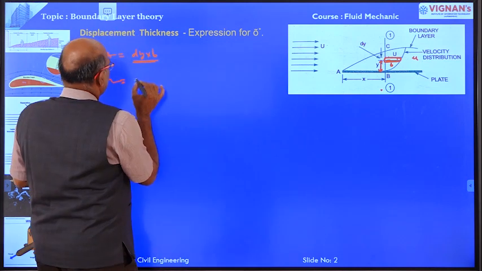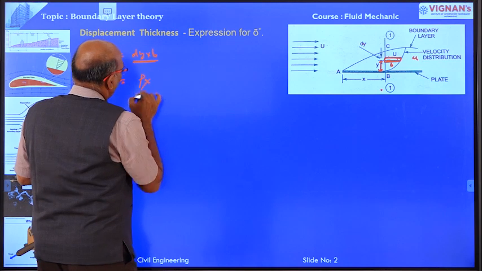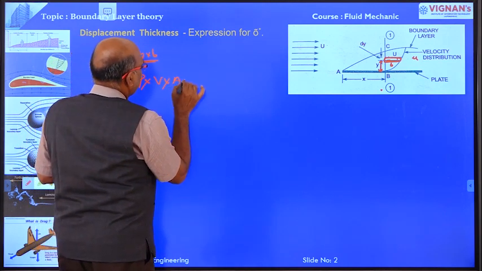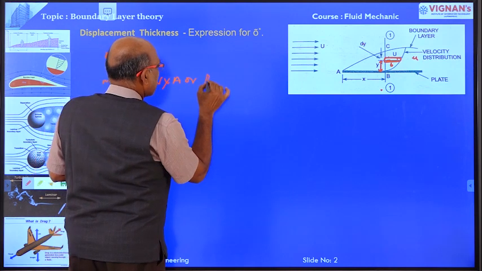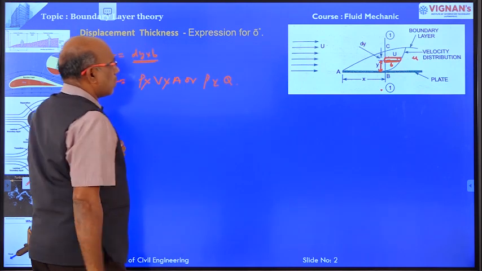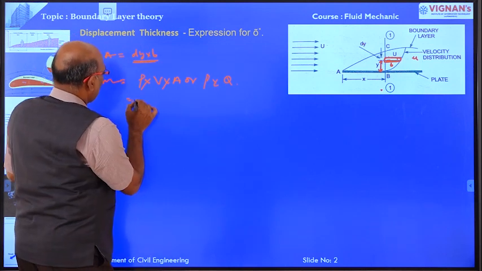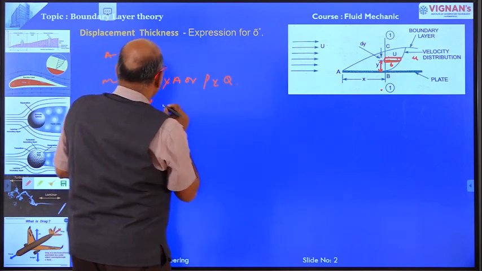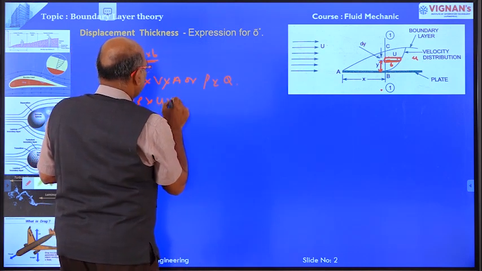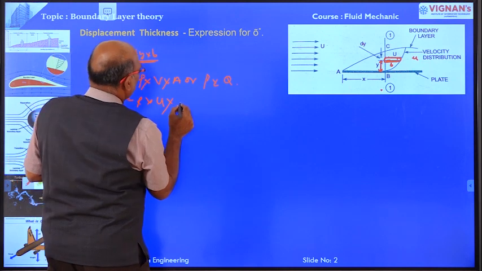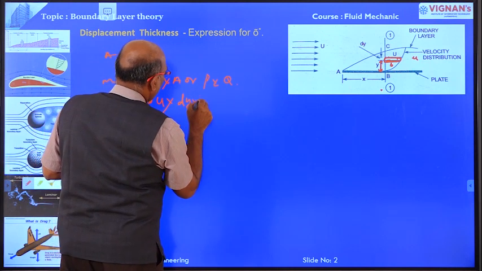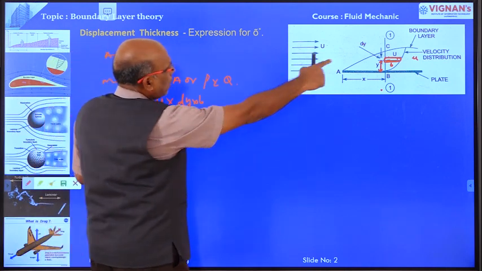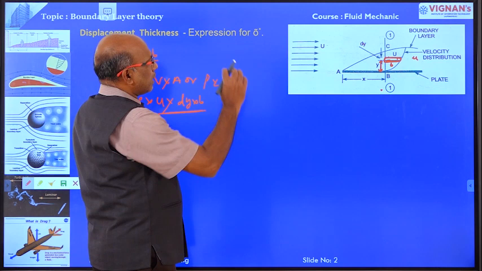Right, mass of fluid is equal to mass density of the fluid rho into velocity into area, or mass density into discharge Q. Now this is the mass density rho into the velocity over the strip, that is small u, into the area, dy into b. This is the mass of fluid flowing in the strip dy.